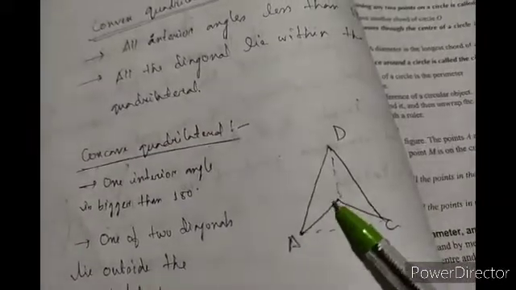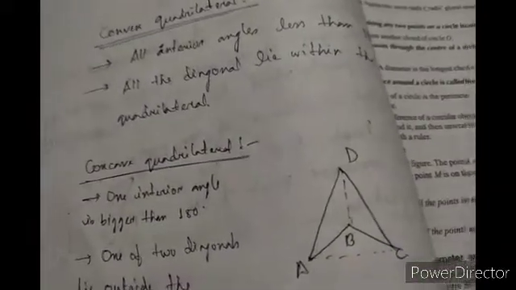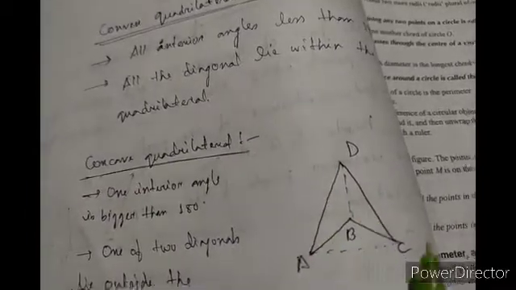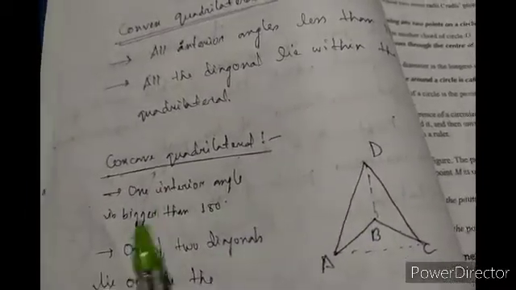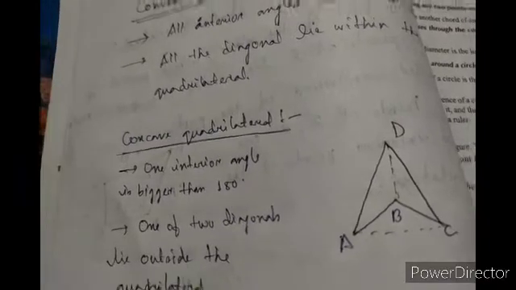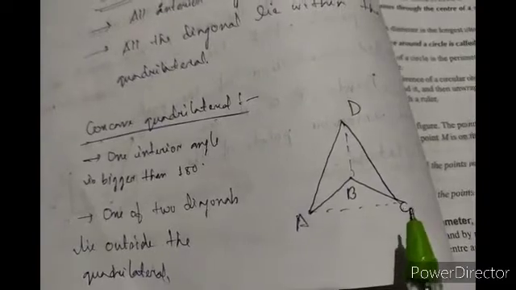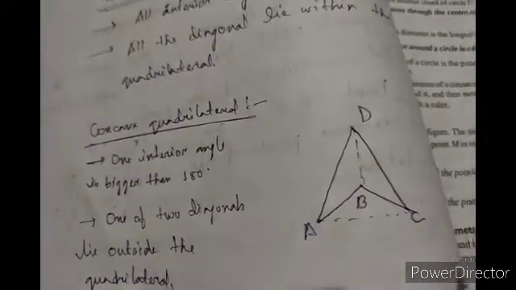But the angle B in this quadrilateral is greater than 180 degrees. Also, one of the 2 diagonals should lie outside the quadrilateral. What is a diagonal? The line segment joining two opposite vertices is called a diagonal.